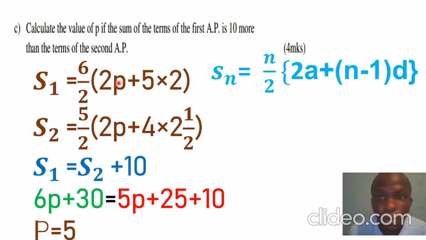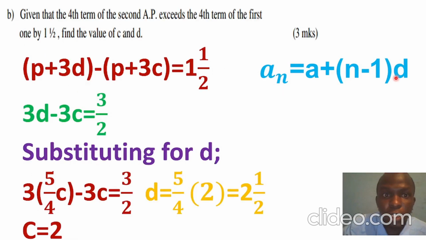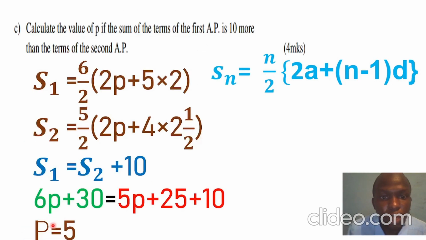So here we have A, we have substituted with the P. This is 6. 6 minus 1 is 5, and the common difference here, it is C, because for the first AP, common difference is C. Maybe we can go back a little bit. Here it is C. Okay, so now let us continue. So this is the first expression.